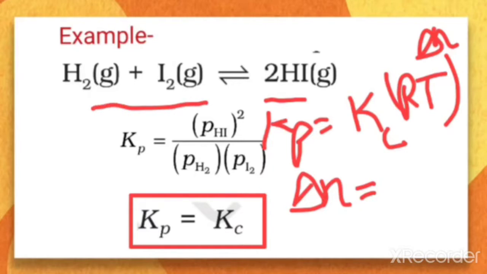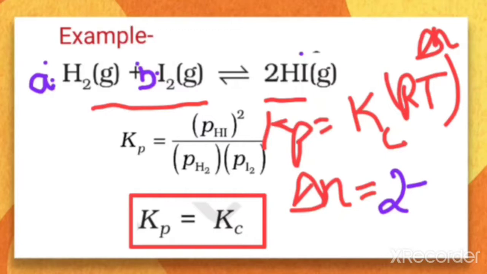So what do we have in the product side? In the product side there is only HI, so twice HI, so 2, minus, in the reactant side, this is 1 mole of H2 and here it is 1 mole of I2, that is this term, that is A, and this one is B, small b. So here the stoichiometric coefficient is 1 and here the stoichiometric coefficient is 1.